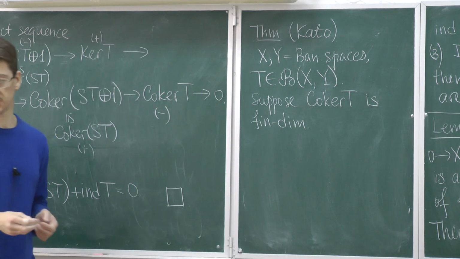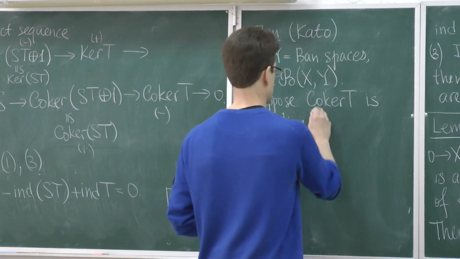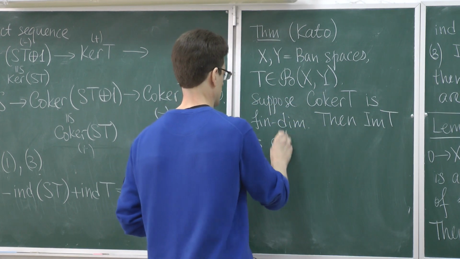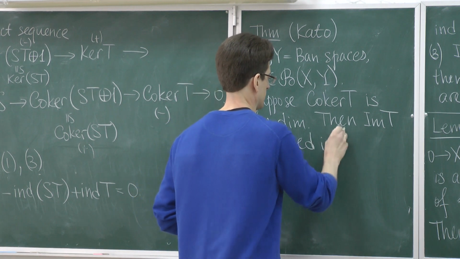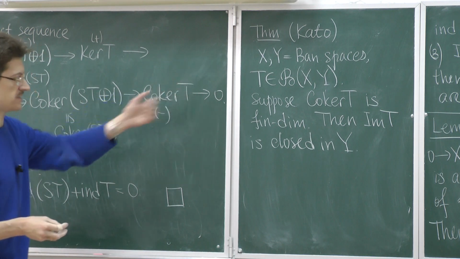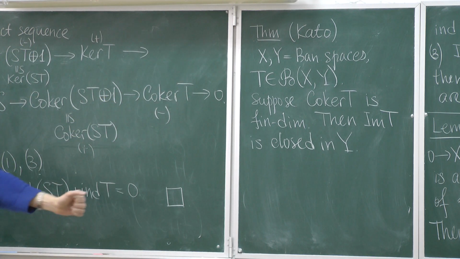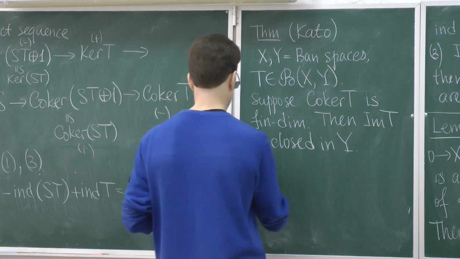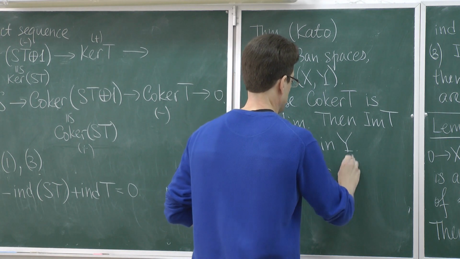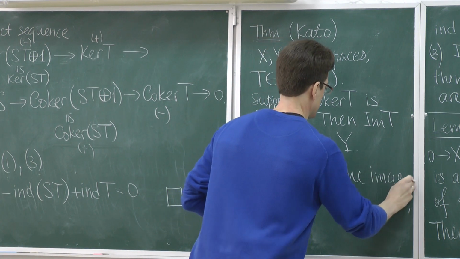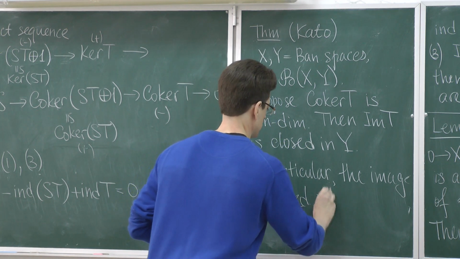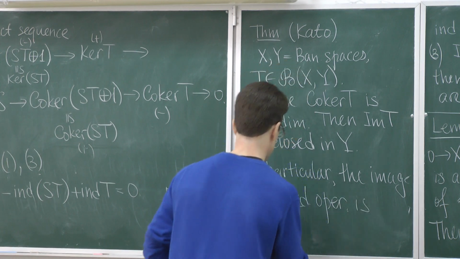I claim that the image of T is closed in Y. In particular, this result implies that a Fredholm operator between Banach spaces has closed image. In particular, the image of a Fredholm operator is closed.